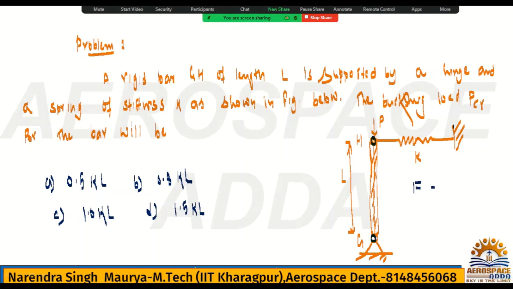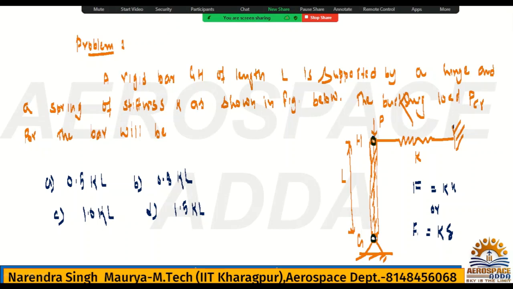F is equal to K into X. You know this formula? F is equal to Kx for the spring. Have you heard about it? Yes, sir. What is the X? Can you tell me what is the X? X is the elongation or deflection, right? Very good. Yes, elongation or deflection.